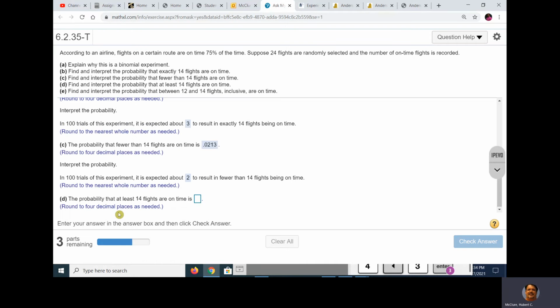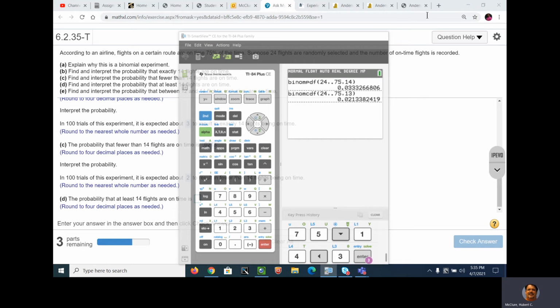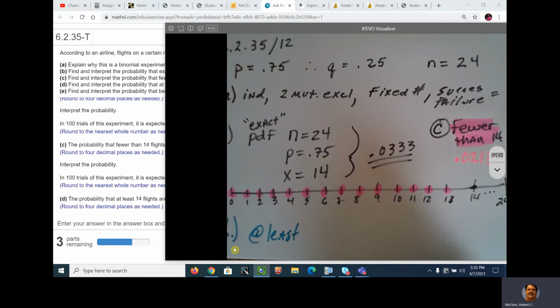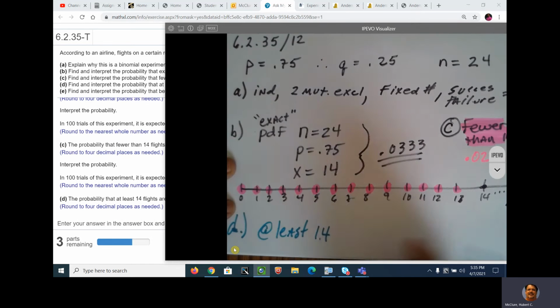And then D, at least 14 flights. Well, if you're doing at least 14 flights, the lowest number is 14.